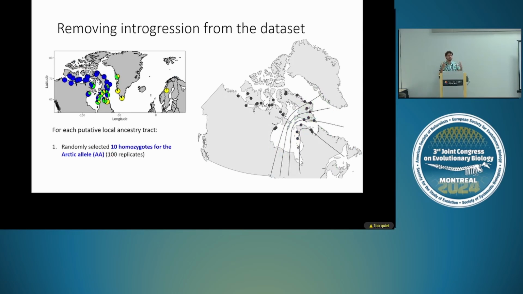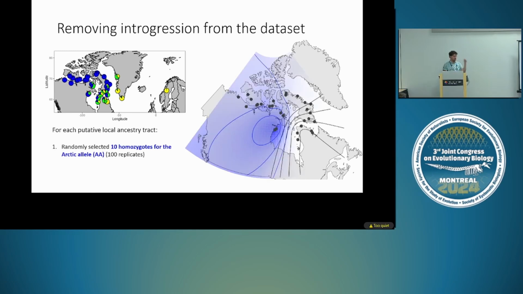So we went back to our putative local ancestry tract, those blue individuals, for those specific parts of the genome that we know should carry mostly genetic variation that comes from the Arctic lineage. And we repeated the same analysis using only them. And we made a bunch of replicates, and the story is very different. It's much less clear.